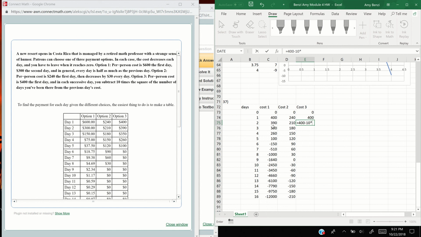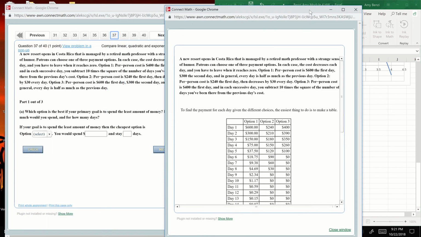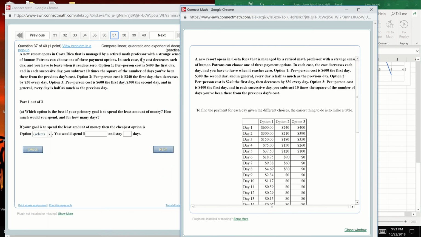It sounds like what I've already done for cost 1. So all that's happening here, you guys, is that in my actual problem, option 1 is option 3 in the example. It's no big deal. I've just already done that one.